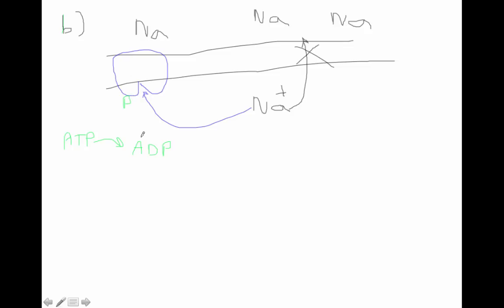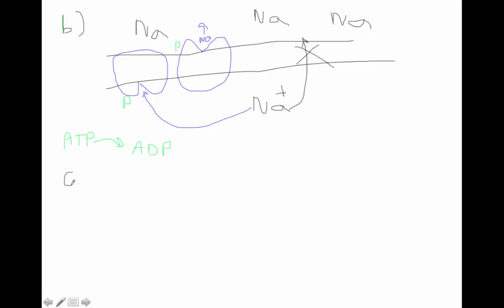When it is added to this transport protein, it changes shape in such a way that the sodium that was once bound here is now on this side and can be released on this side of the membrane now. I should also draw the phosphate here as well. So this is how transport work is generated using ATP. ATP binds to the transport protein, it changes its shape in such a way that it forces the sodium onto the other side of the membrane.